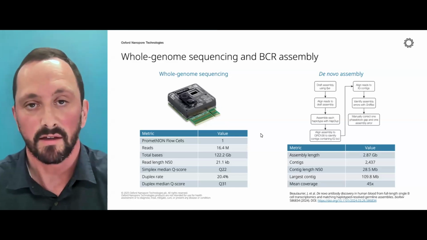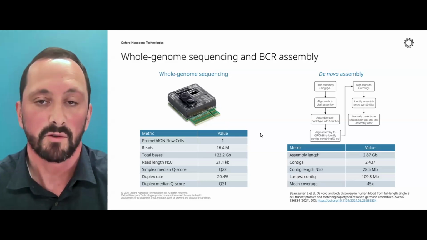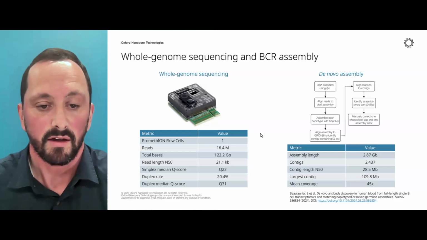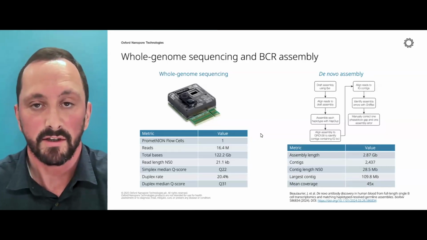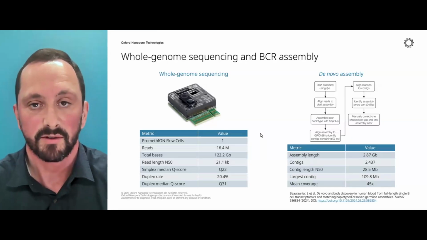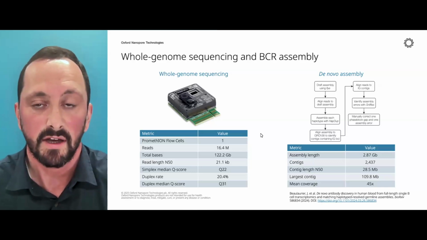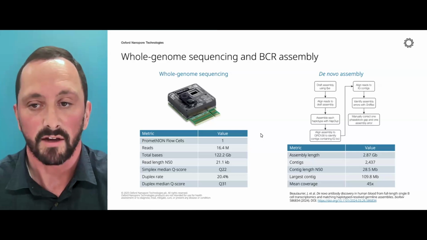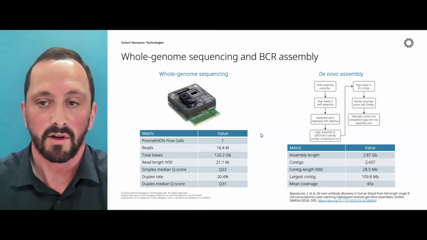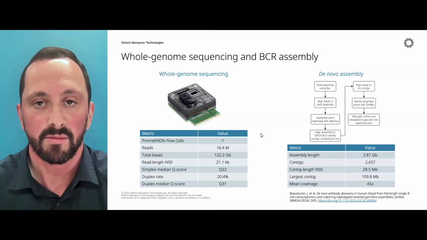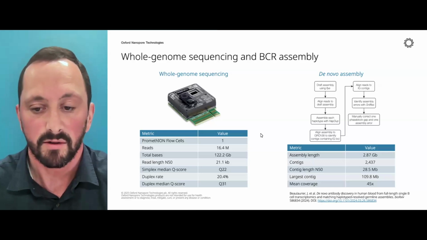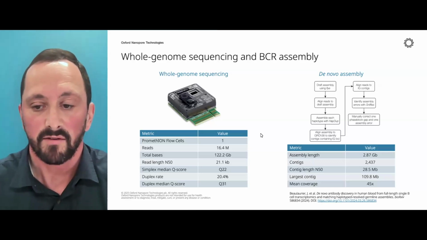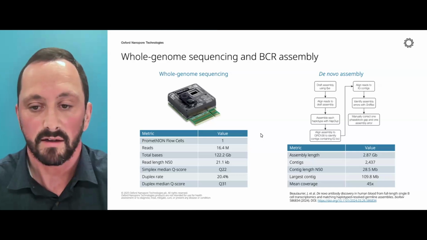The read length N50 was around 20 kb, and we had Q scores in the Q22 range from our simplex reads. We also had duplex reads from this data set up to Q31 in accuracy. And then we wrote a custom de novo assembly pipeline, which is available in our preprint referenced at the bottom of the slide.